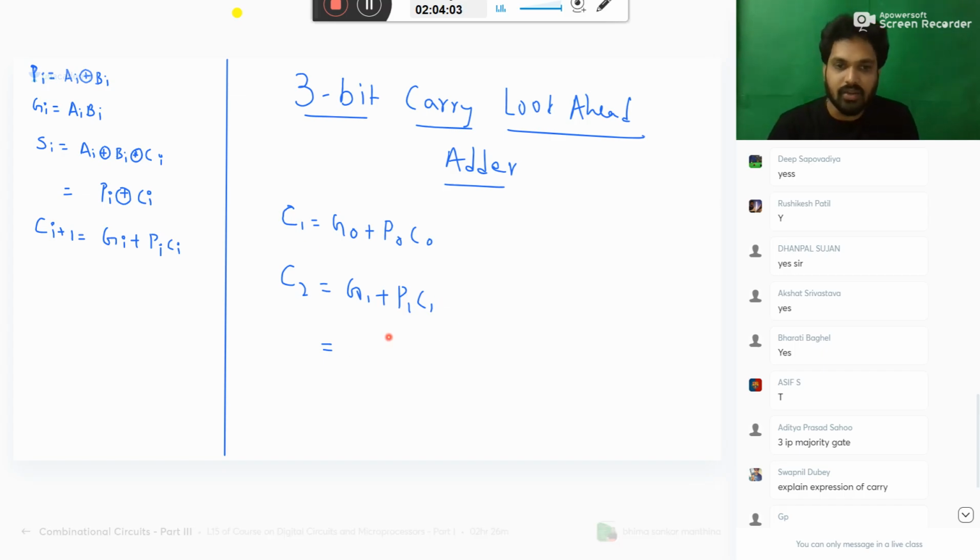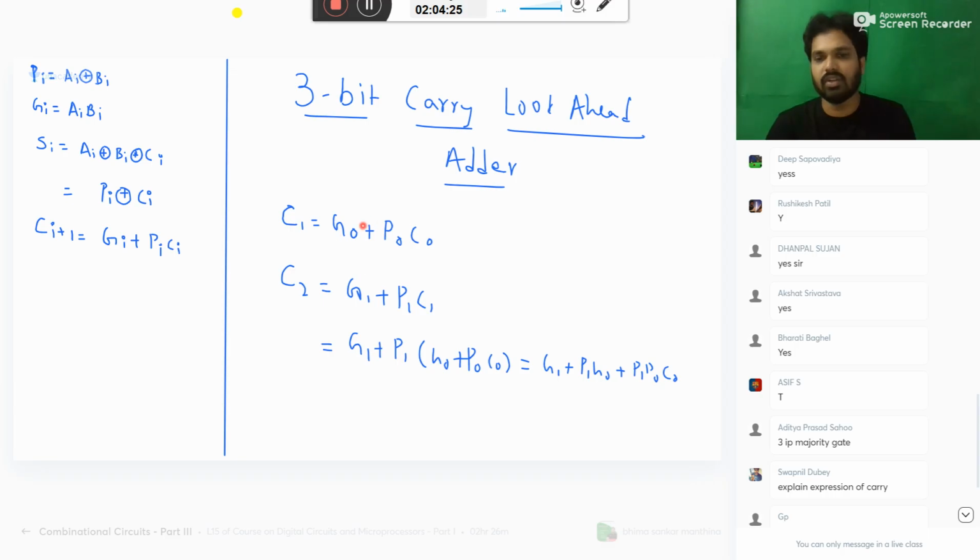What you do is take this C1 and substitute it here: G1 plus P1 G0 plus P1 P0 C0. Is it okay? I just substituted this C1 in this.